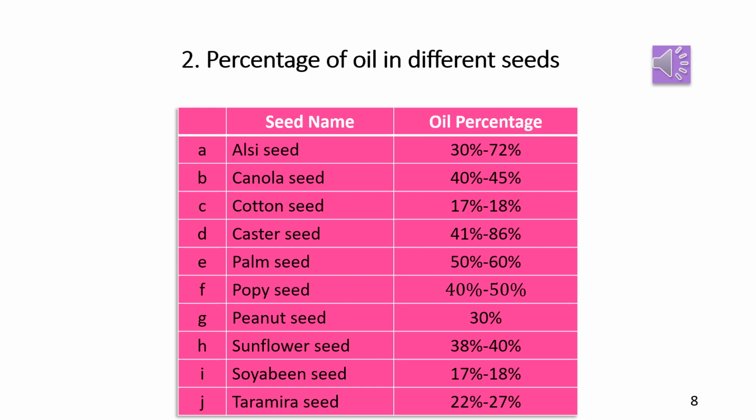Algae seed, the oil consists of 30% to 72%, canola seeds 40% to 45%, cotton seed 17% to 18%, castor seed 41% to 86%, palm seed 50% to 60%, poppy seed 40% to 50%, peanut seed 30%, sunflower seed 38% to 40%, soybean seed 17% to 18%, taramira seed 22% to 27%.